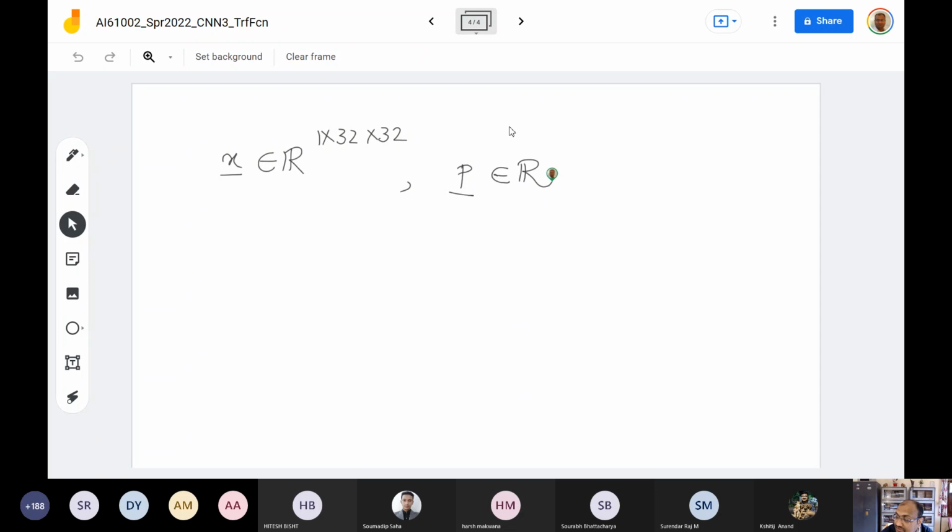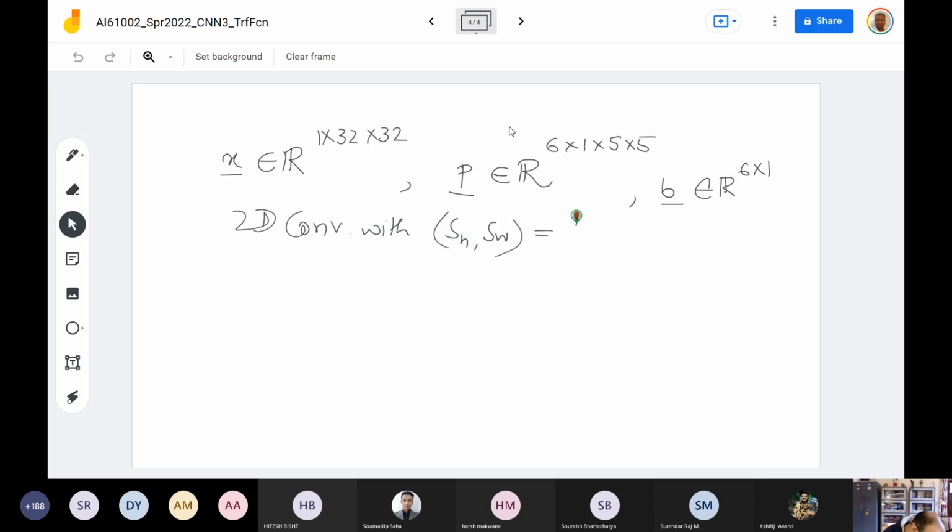Okay. So now say for the condition which we had in the earlier one, where the P, the convolution, was 6 cross 1 cross 5 cross 5. And you had B, which belonged to 6 cross 1, and this is being operated. So this is a 2D conv with sh comma sw is equal to 2. So in case this is how it was operating, what would be my y?